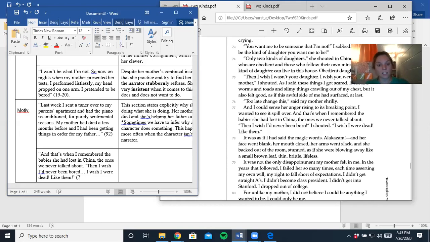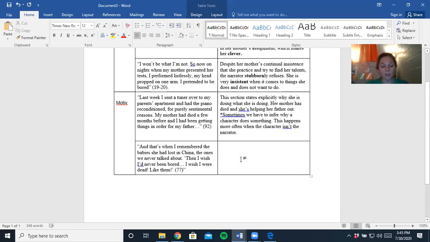That is paragraph 77. So this tells us earlier that she wants to make her mom angry. Okay, so I'm going to make this big again. So the narrator explicitly says she wants to make her mom angry.